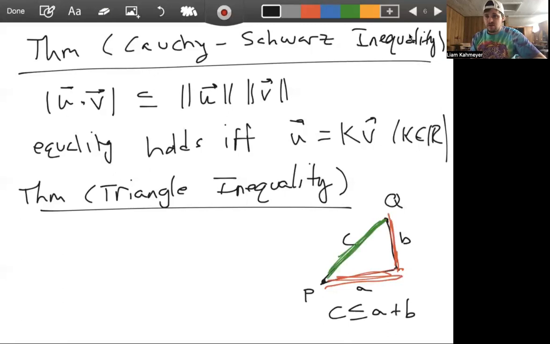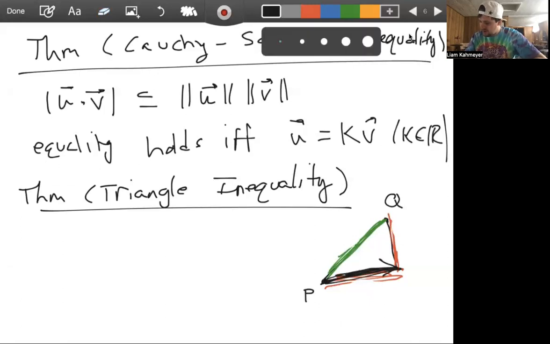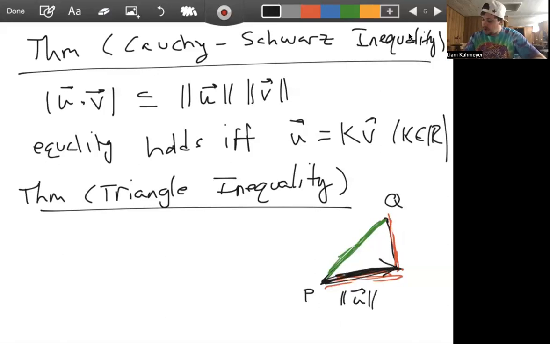Now, how could we phrase this in vector language? Well, let's say the base here is a vector u of magnitude u. The right side there is a vector of magnitude v. And what would the hypotenuse length be here?